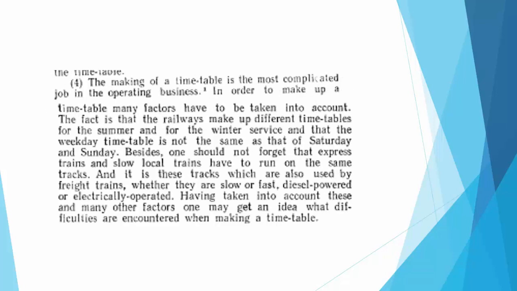The making of a timetable is the most complicated job in the operating business. In order to make up a timetable, many factors have to be taken into account. The fact is that the railway makes up different timetables for the summer and for the winter service, and that the weekday timetable is not the same as that of Saturday and Sunday. Besides, one shouldn't forget that express trains and slow local trains have to run on the same tracks.